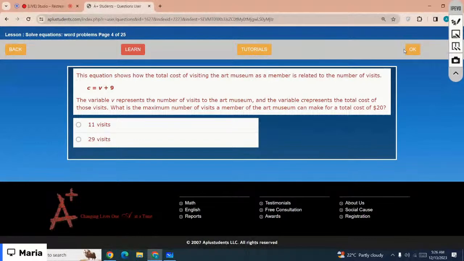You are given the cost, that is 20. You have to calculate how many visits you can do. So replace the C with 20 in the equation and calculate the value of V. So which is the correct option?